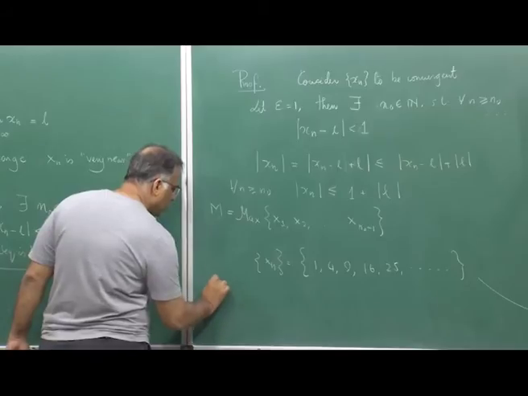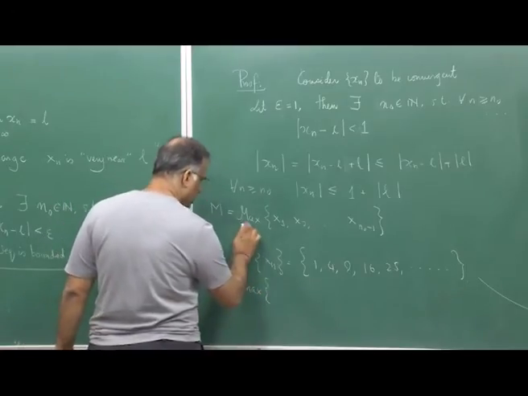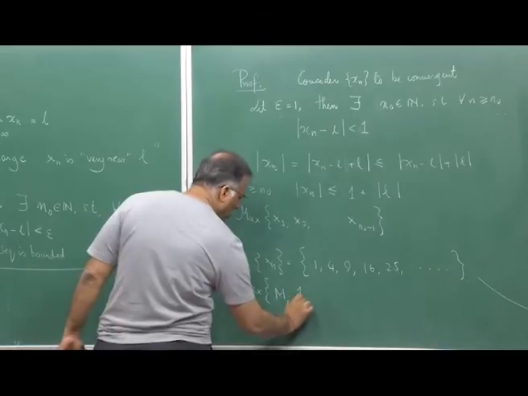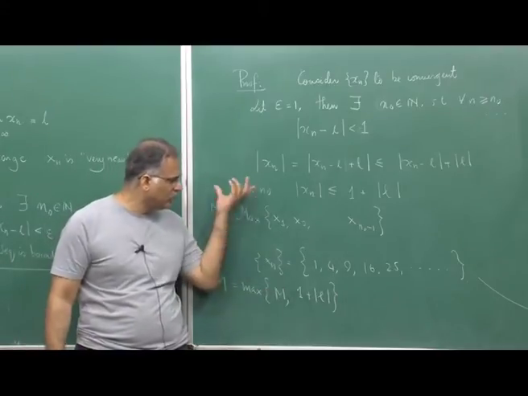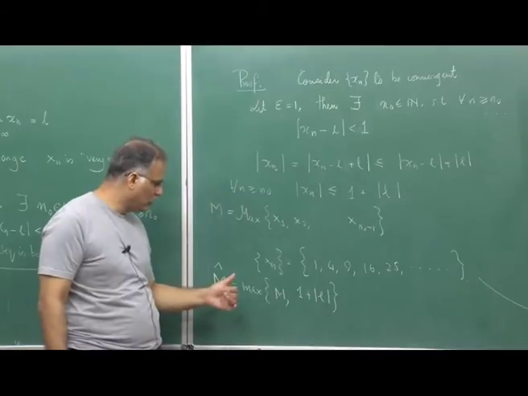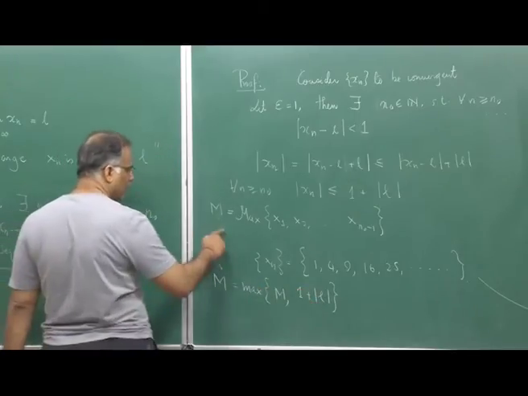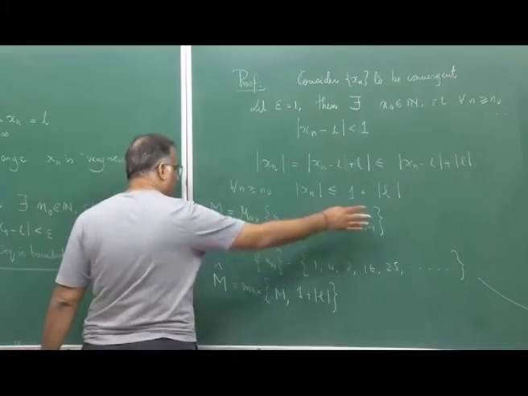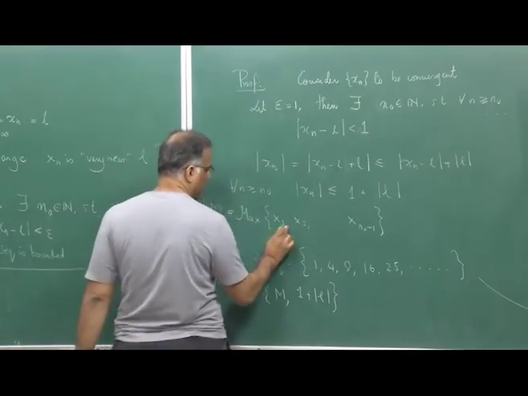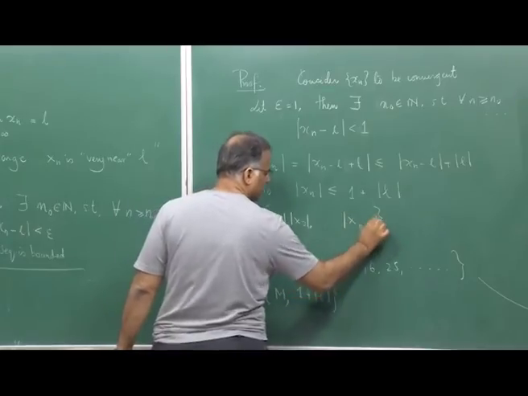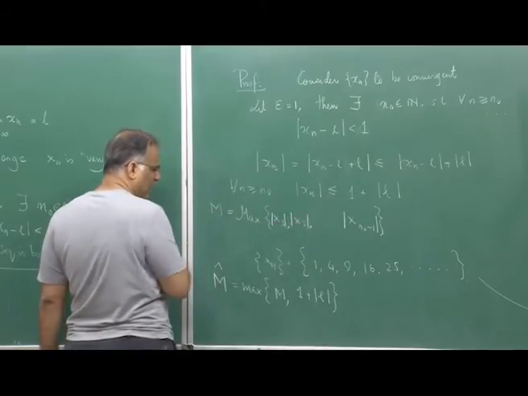So, now find M hat, which is equal to the maximum between this capital M and 1 plus mod L. When n is bigger than n naught, I know that the sequence value is less than or equal to 1 plus mod L, so hence it would also be less than or equal to M hat, because M hat is bigger than 1 plus mod L. And for the remaining finite part, the mod of x1, x2, up to xn, all of these is less than M, and that M is also less than or equal to M hat.